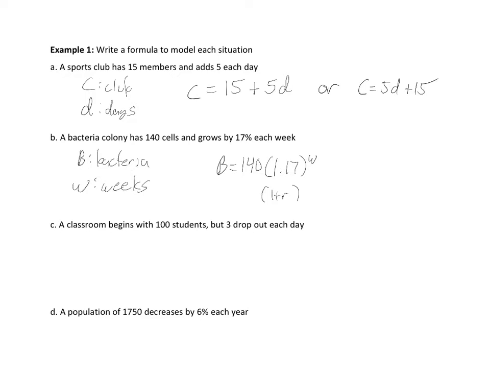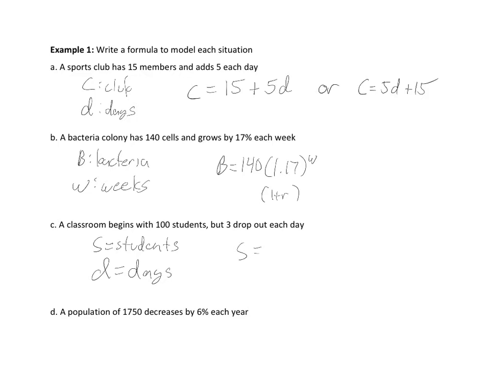A classroom begins with 100 students, but 3 drop out each day. So each day we're losing 3. That is a constant rate. So I'm going to assume this is some type of linear function. Okay, let's let maybe S be our number of students and D be our days.